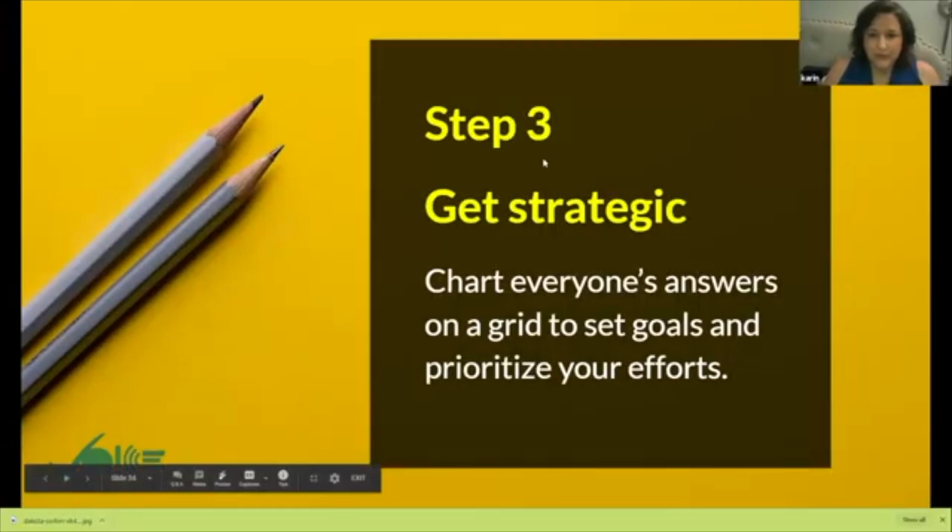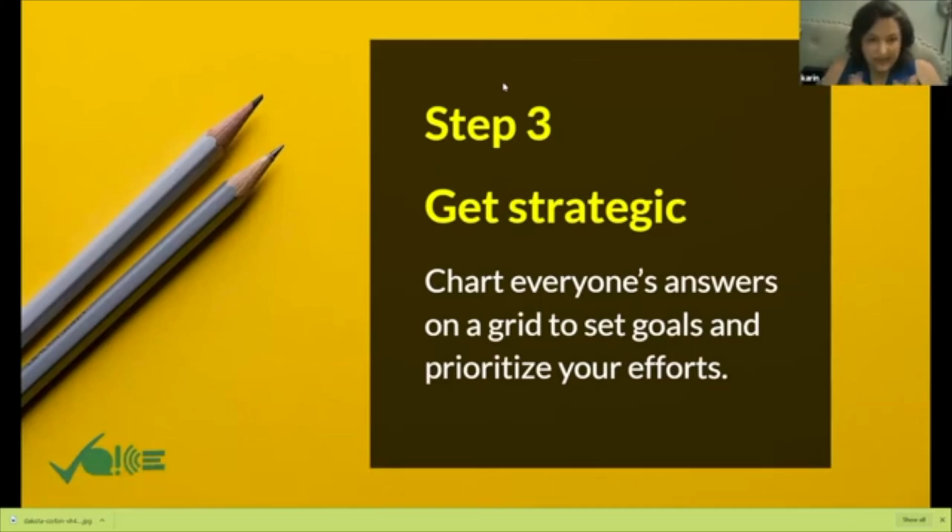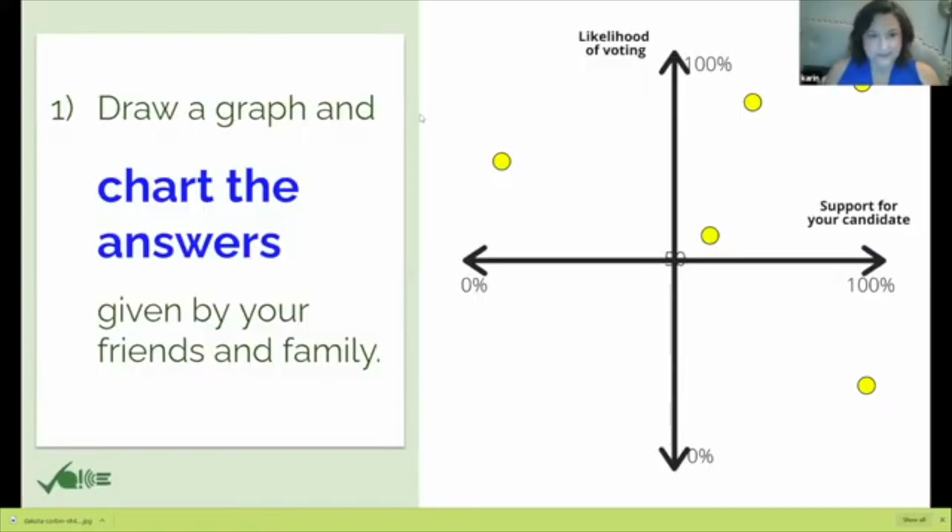And then we move to step 3, which is where we really get strategic. Now that we have gathered this information, we have our list of friends and family, we chart people's answers on a grid so we can figure out exactly what our goals are and how we can prioritize our efforts. So I create a chart using the answers to the 2 questions. On the vertical axis is the person's likelihood of voting.